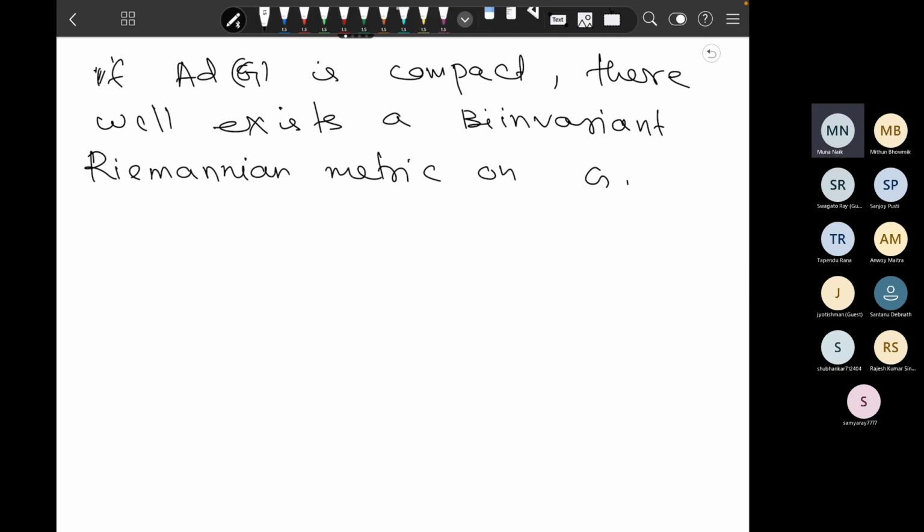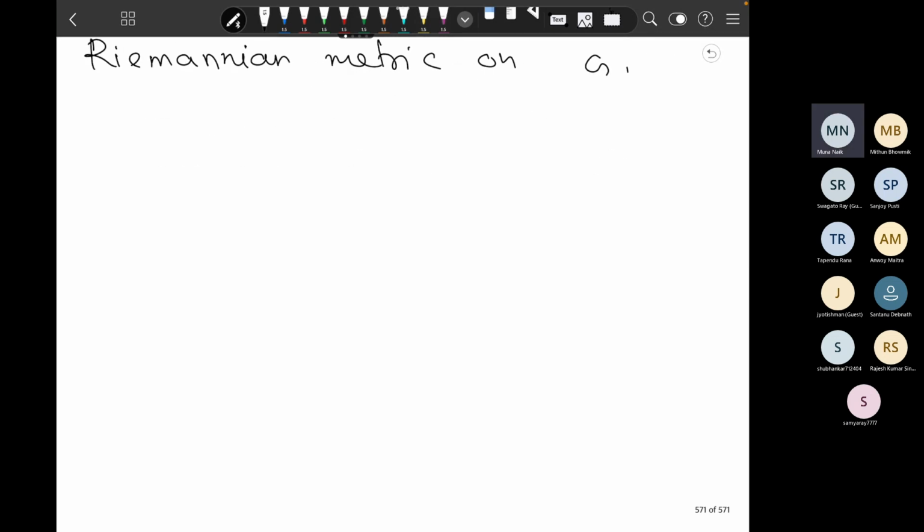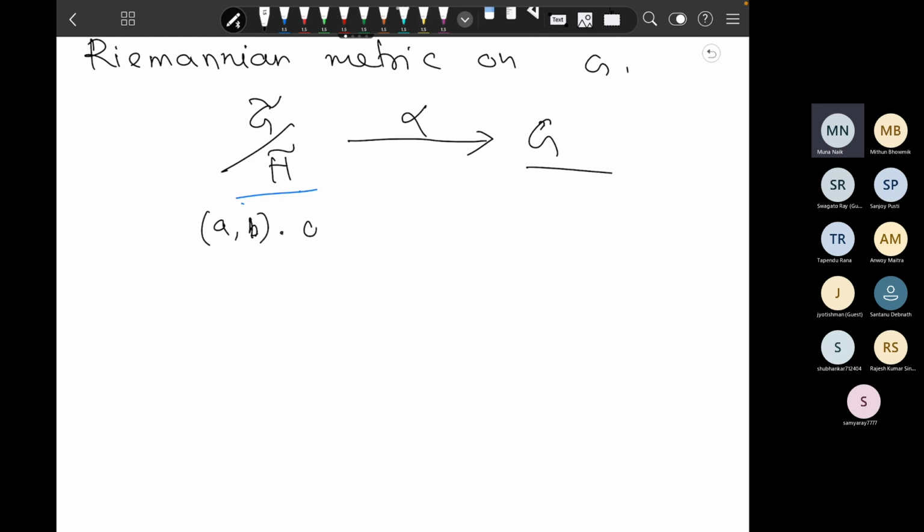Now I want to really determine this so-called geodesic inversion on this G. On G tilde by S tilde, we have a Riemannian symmetric space, and I want to transfer everything to G. Between G tilde by S tilde and G there is a map alpha, and the corresponding (A, B) dot o, under this alpha, will go to A B inverse. So g dot o will go to really g. Okay.